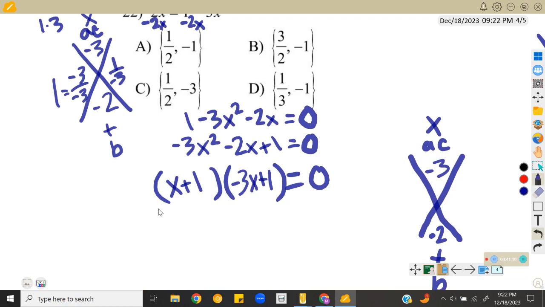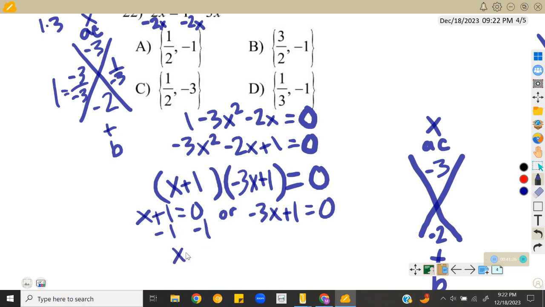And so in this case, we have two factors now. And then you just set them both equal to 0 like we did before. And solving each of these is a little minor sub-step that you have to do here, right? We take away 1 from both sides, and we get x equals -1.